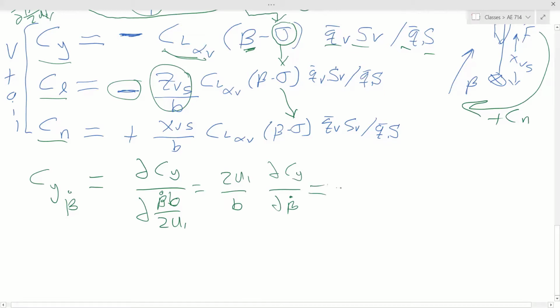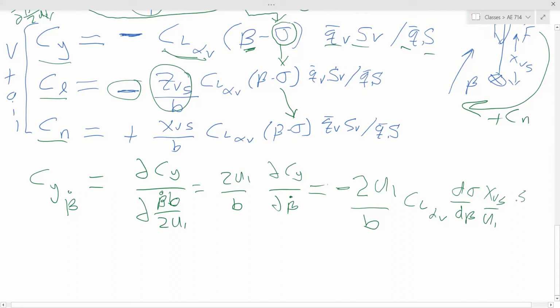So for CY, we get a minus 2 U1 over B times CL alpha V times D sigma D beta times XVS over U1.